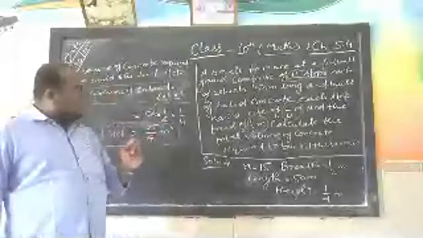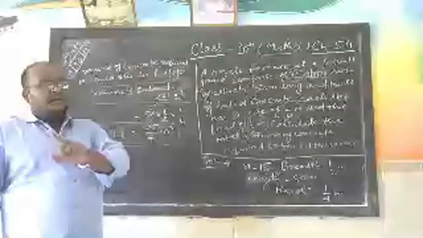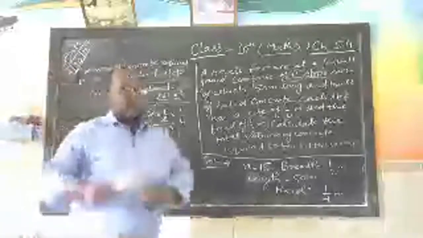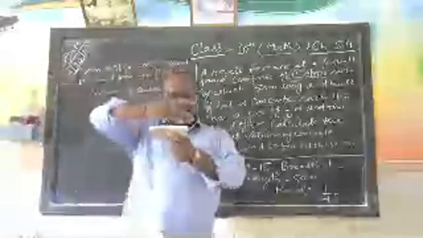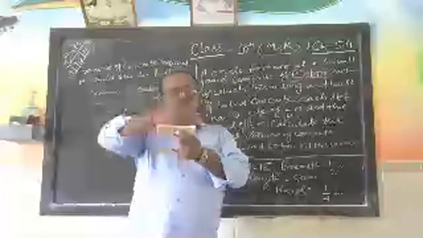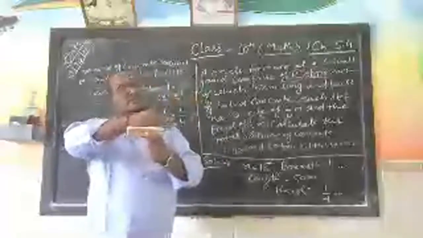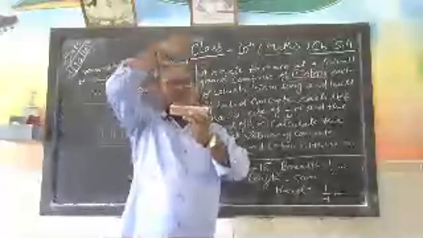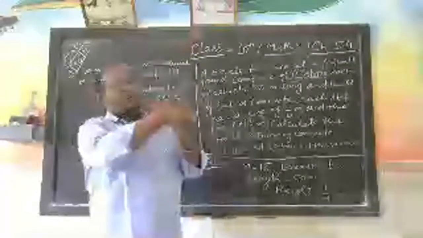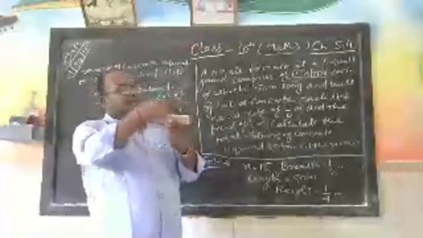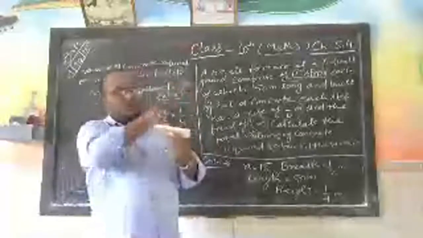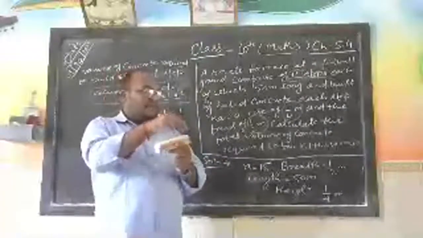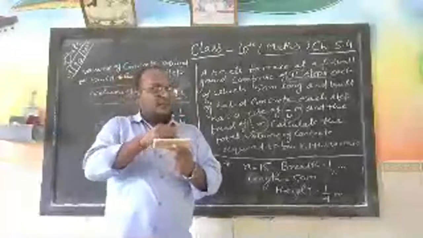You will find the difference only in the height, because if it is the first step, then another step will be placed over this, then another over this, second to third, third to fourth. This means there is no difference in the length or the width of the step.